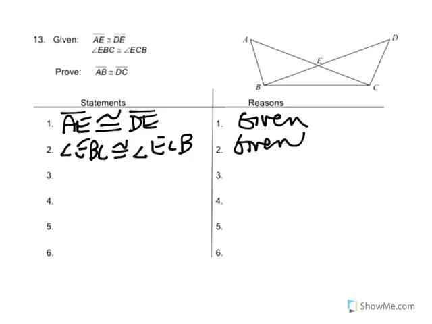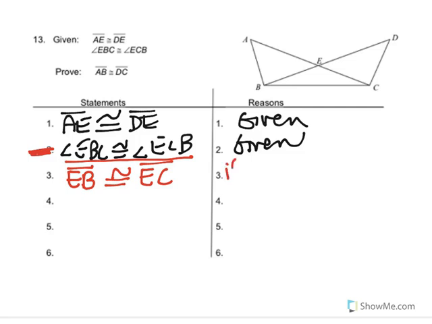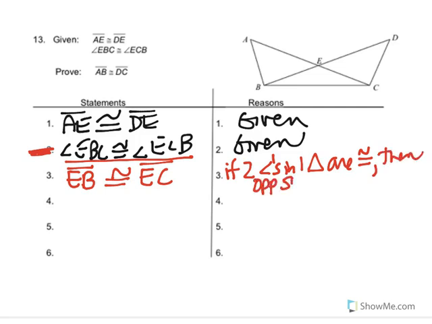Now, at that point, because we have this down, now we can say that line segment EB is congruent with EC, and our reason is, remember, your reason always has to be above the statement that you have. So here's our reason right here. If 2 angles in one triangle are congruent, then opposite sides are congruent as well.